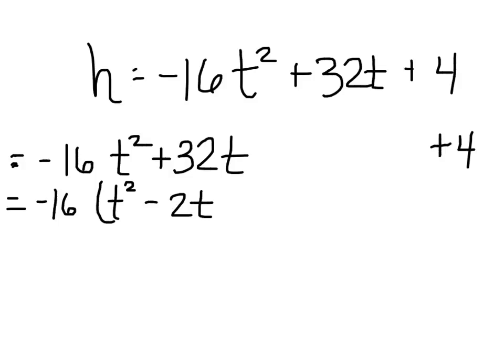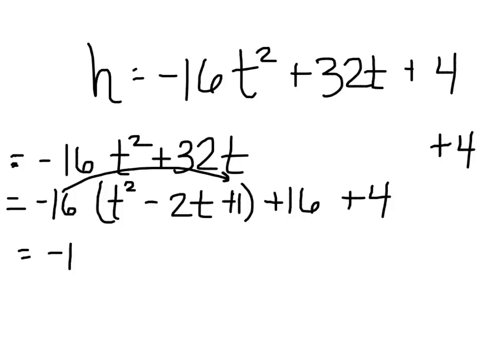And negative 1 squared is 1. Now, I'm not adding 1 in the problem. I'm actually adding negative 16 in the problem. How did I get that? I multiplied this out here. So what's the opposite of negative 16? Positive 16.